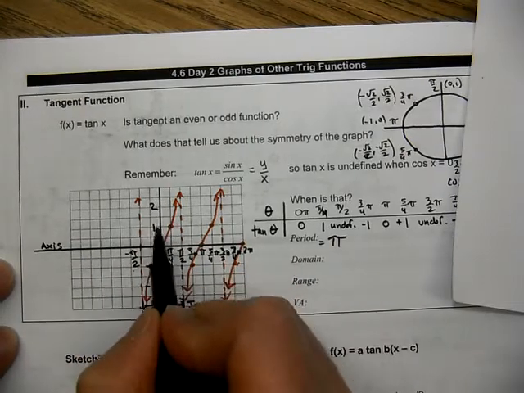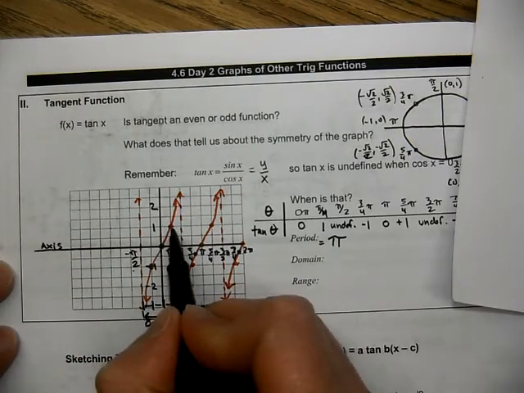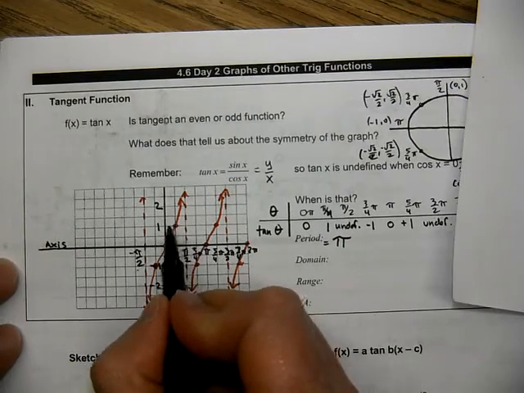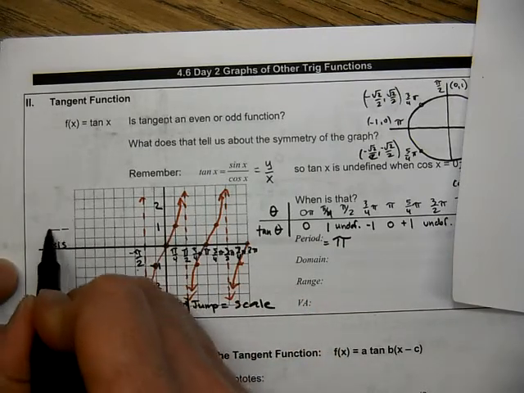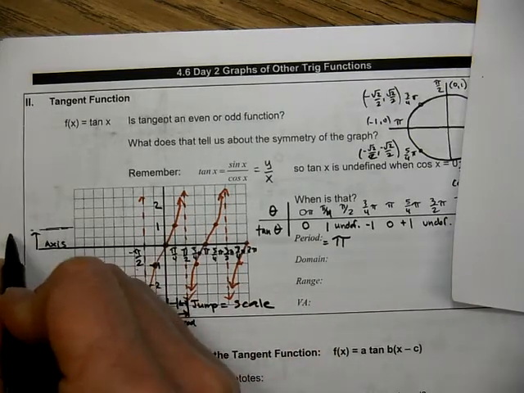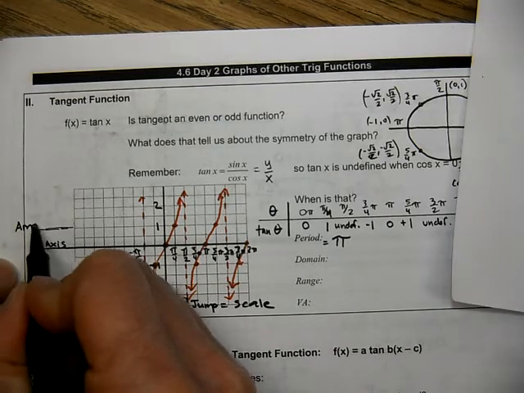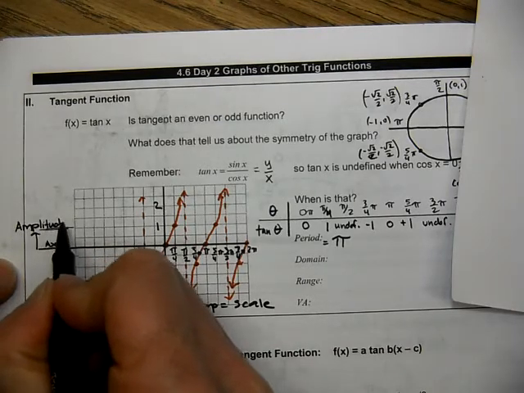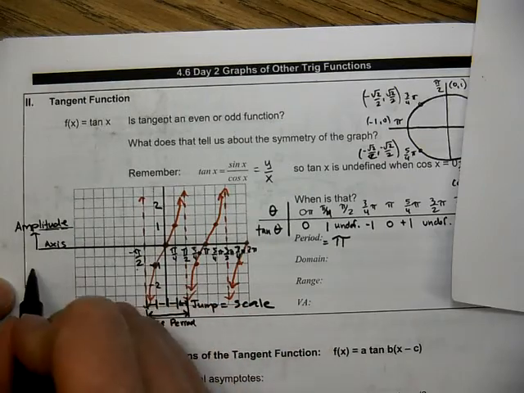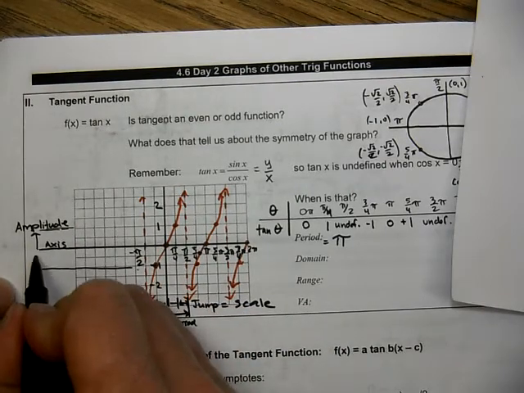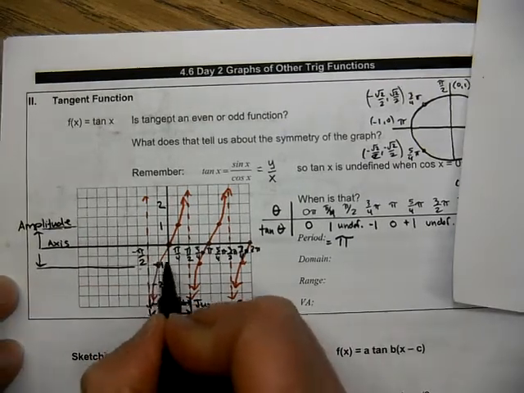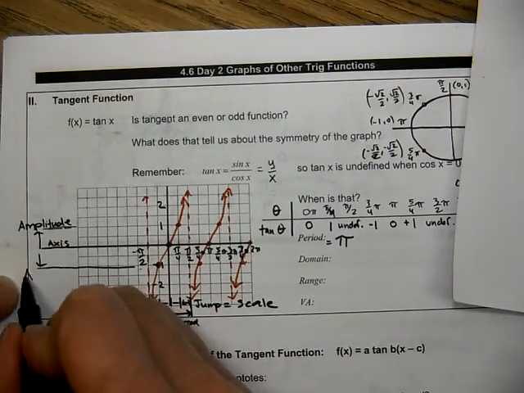And here I stretched it a little bit taller so we would have a clear spot to place the point. But wherever that critical value goes, that is your amplitude. And again, the amplitude is always positive, so even if you are going into a negative point that you're plotting there, that's still the amplitude.